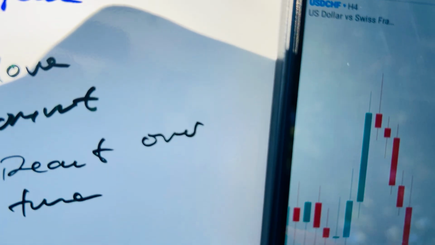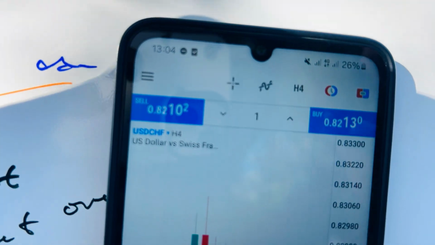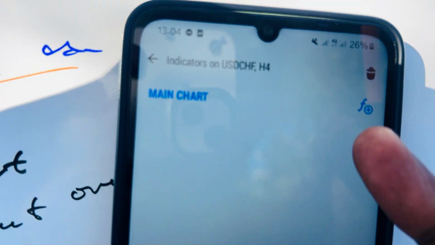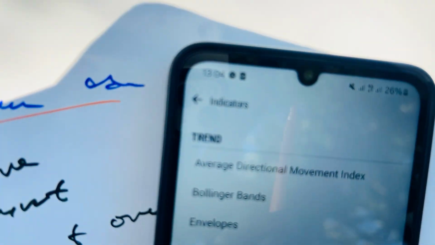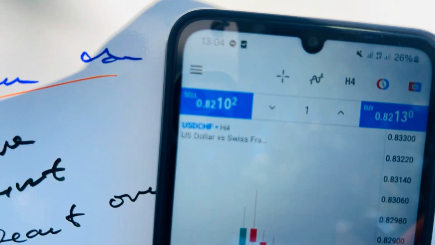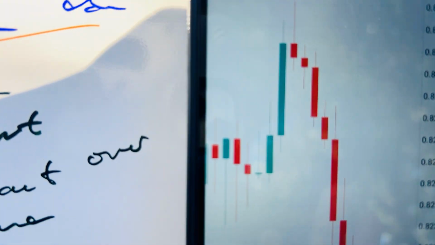So we are able to read a chart using price action. Price action means we are not using indicators. If right now we click on this icon over here and add indicator, we don't use indicators in this case. Do you understand? If you have any difficulties understanding that, let me know.